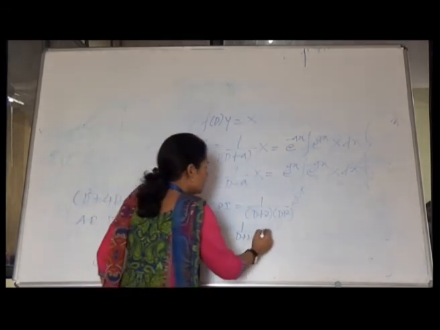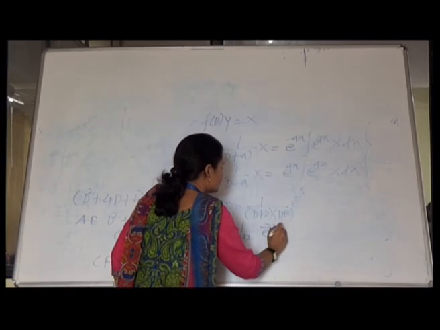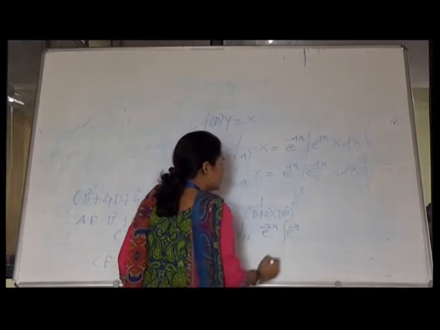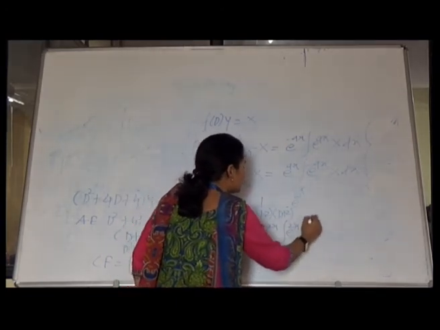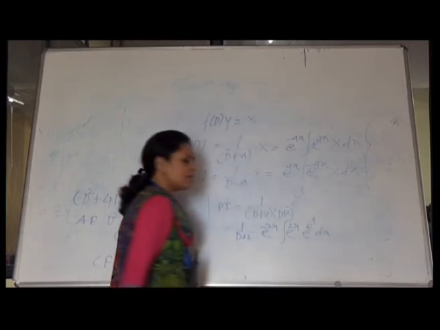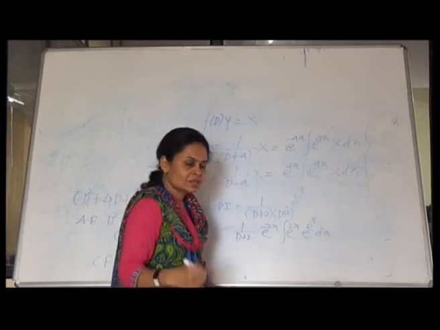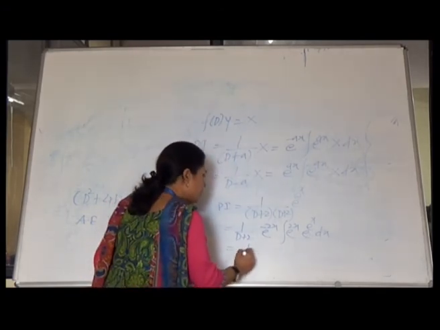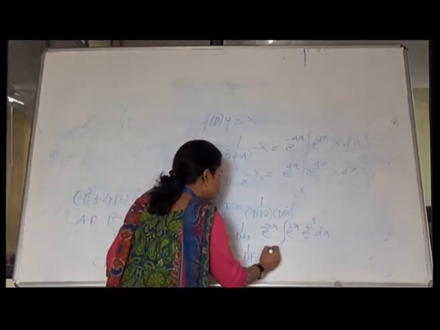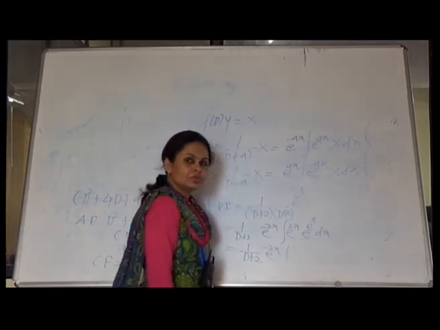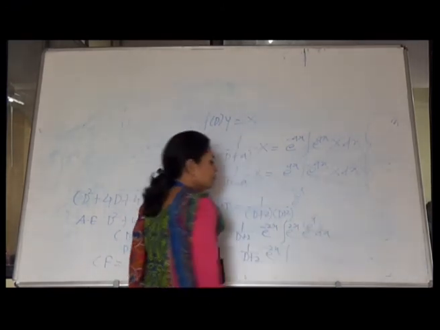This gives me e raised to minus 2x integral e raised to 2x multiplied by e raised to x into dx. Capital X is e raised to x. If I go ahead, it is 1 upon d plus 2 e raised to minus 2x into, let us solve this integral by substitution.